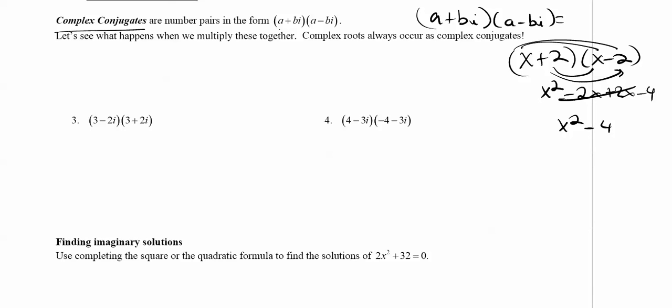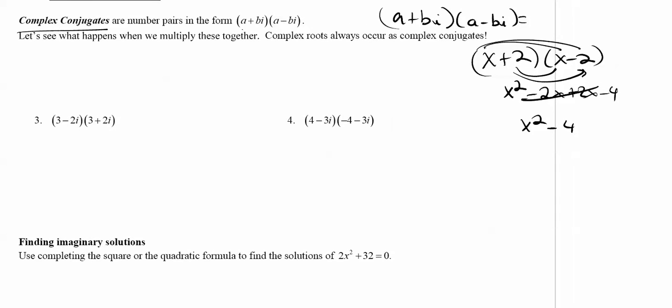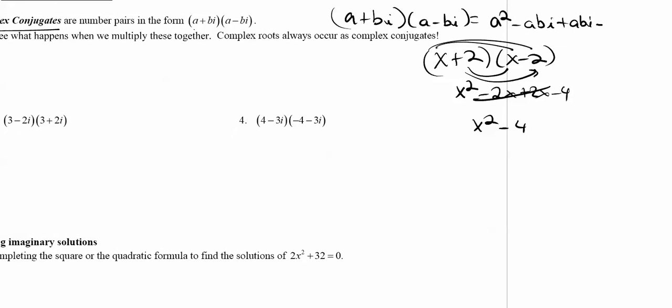Well, the same thing happens with complex conjugates. So I end up with a squared and then minus abi and then plus abi and then minus b squared i squared, right? And so negative i squared ends up being negative 1, right?